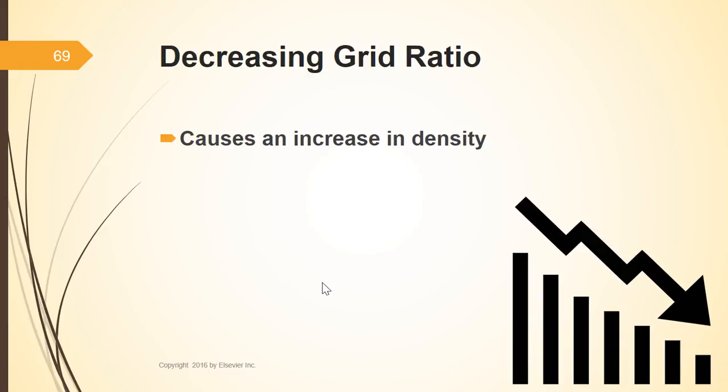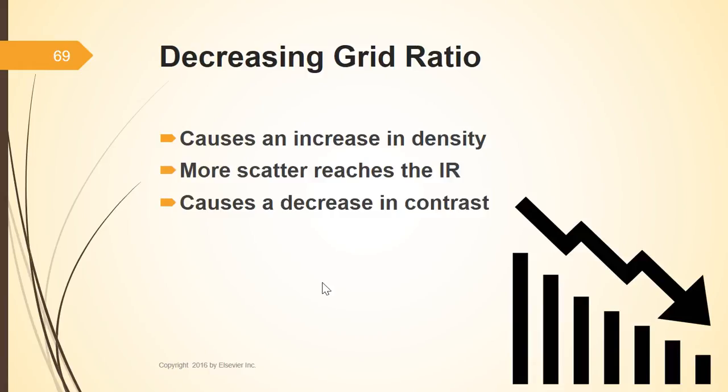So looking at a decreasing grid ratio and working that problem, decreasing the grid ratio causes an increase in density because now more beam gets to the image receptor. It should also be noted that this increase in density is because more scatter reaches the IR, and that causes a decrease in contrast or a longer scale of contrast.